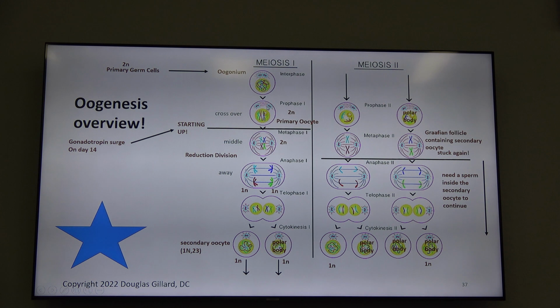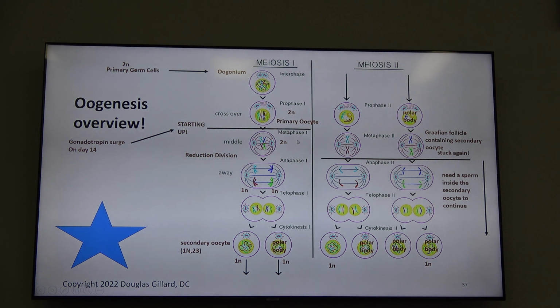So we get into prophase 1. Now we can see the DNA. It has thickened enough. And we go through prophase, crossover, and all of a sudden we get stuck. But now, because of this gonadotropin surge, the Graafian follicle, the Usain Bolt, the only one who gets this privilege, starts up again. So, yay.